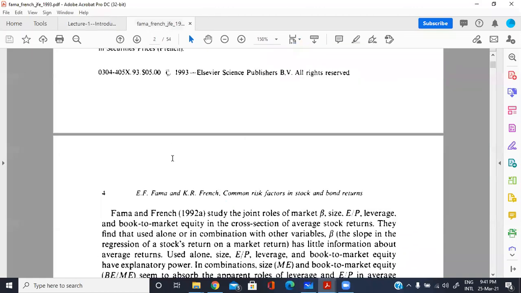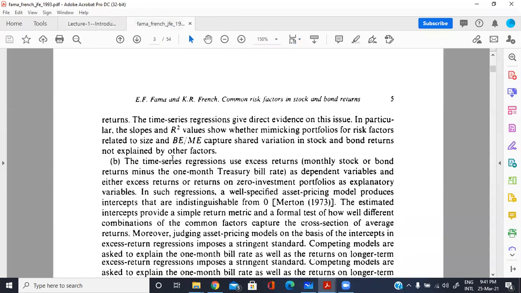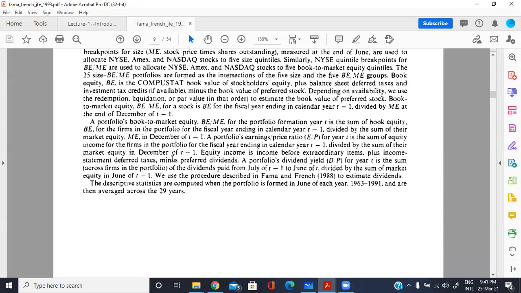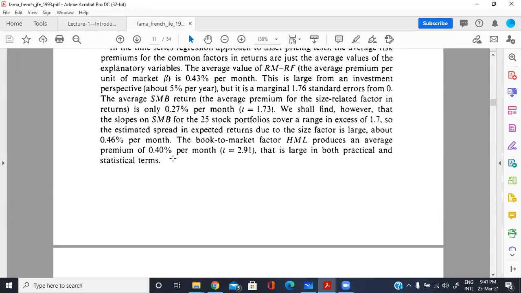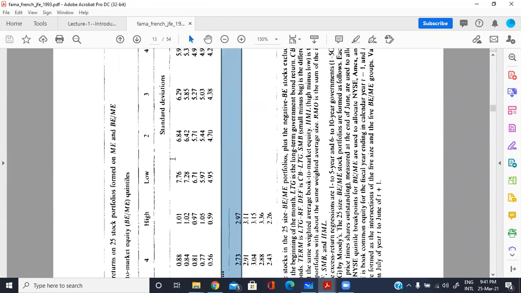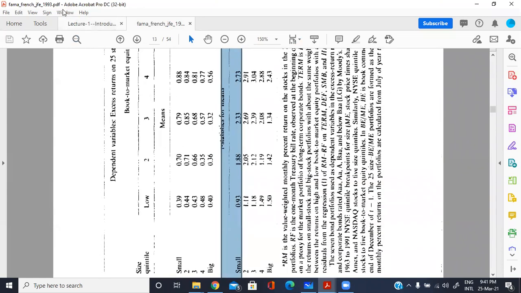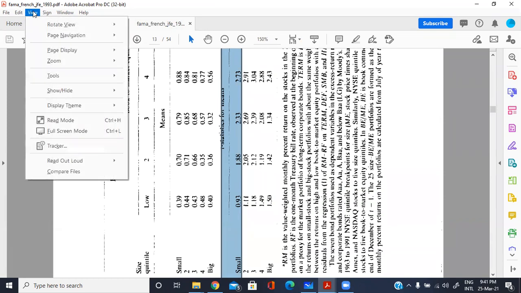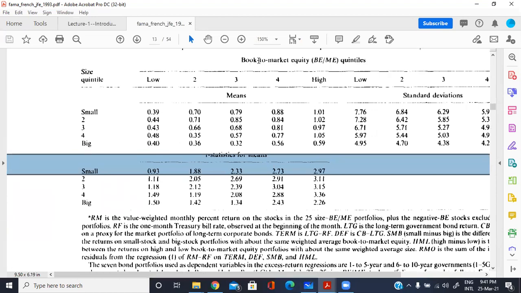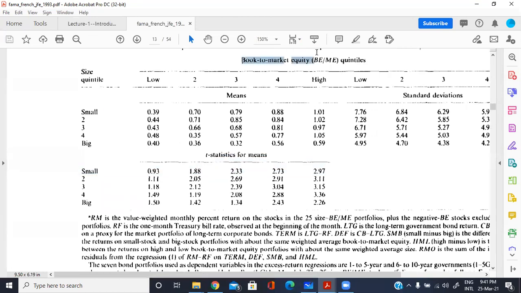You see the Fama French paper, and on the same table I showed you just a few minutes ago, I have to revise. Okay, I have to rotate this. Okay. Now, what is the sorting? Based on the book to market. You see, have you got it? Now, the horizontal one.